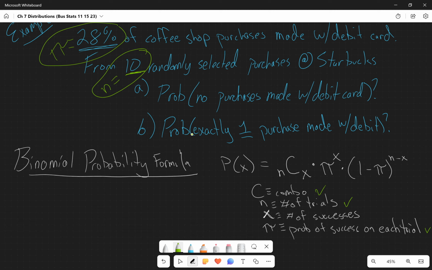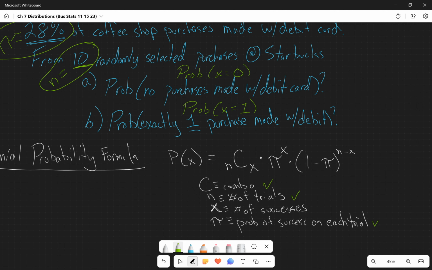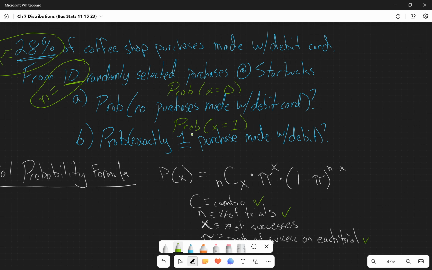So this one is asking the probability of no purchases being made with a debit card. So this is asking the probability of x is equal to 0. That's what that's saying. This one here is asking for the probability that x is equal to 1. Does that make sense? Okay. So now we're just going to go ahead and apply this formula to each one of these things.